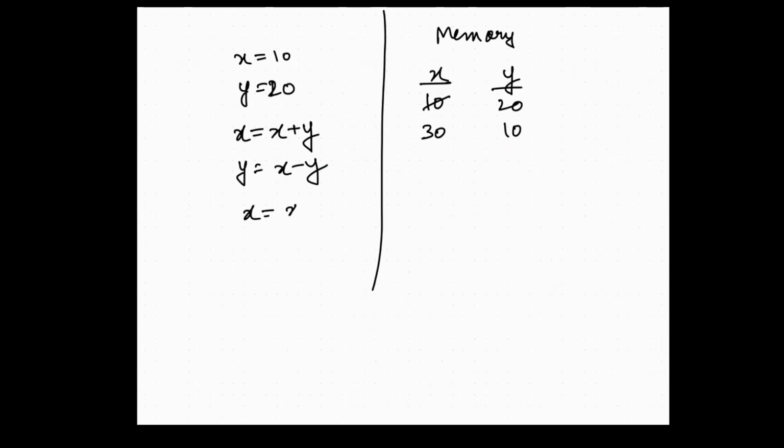And now X equal to X minus Y. So at this stage, X is 30, Y is 10, so X minus Y becomes 20. So this way, we've been able to swap the values of X and Y without using any additional variables. Yes, it's a fancy little program. Any questions on this?